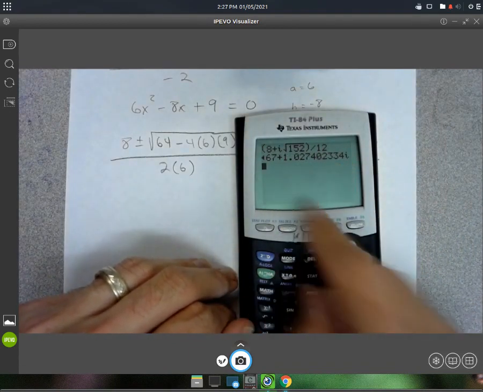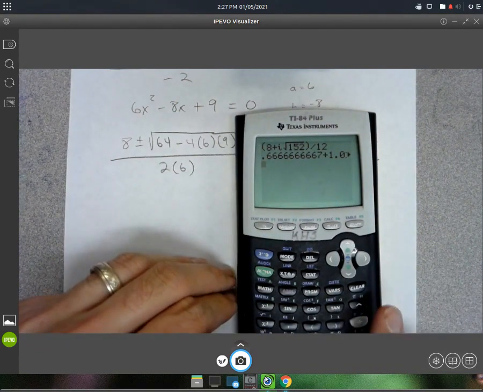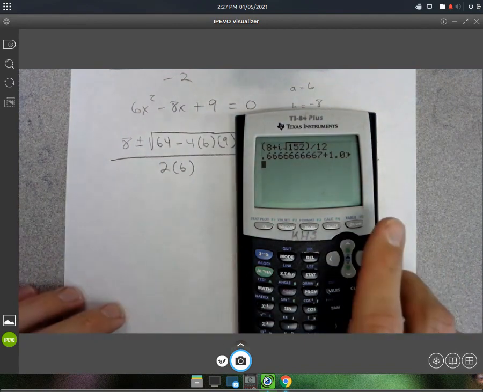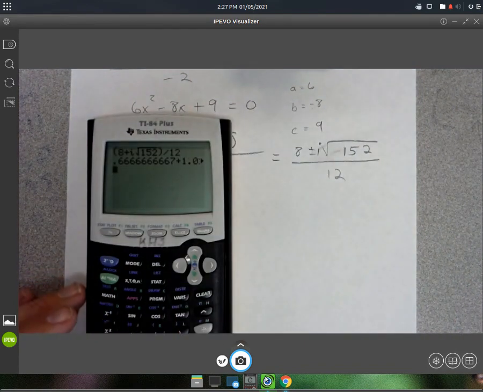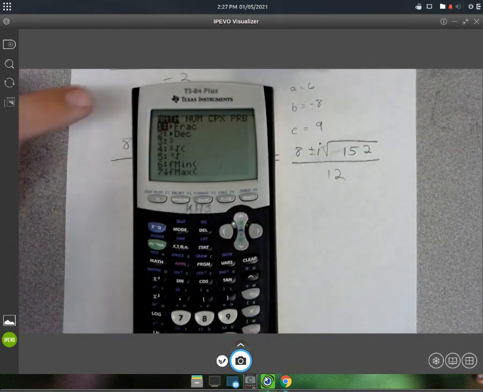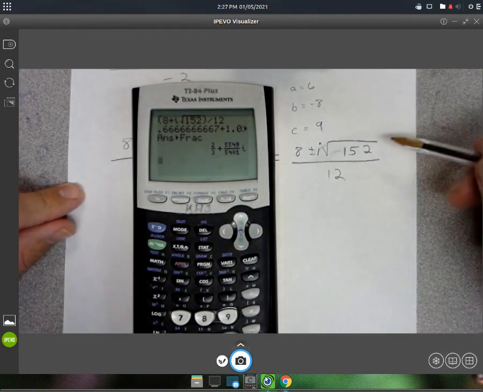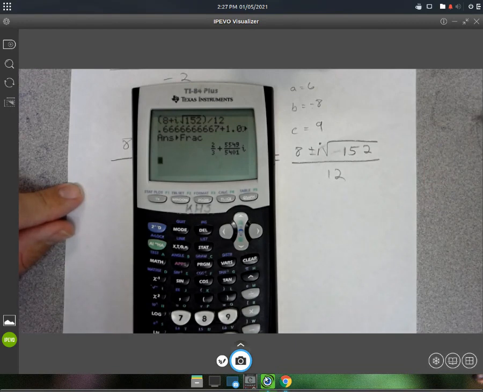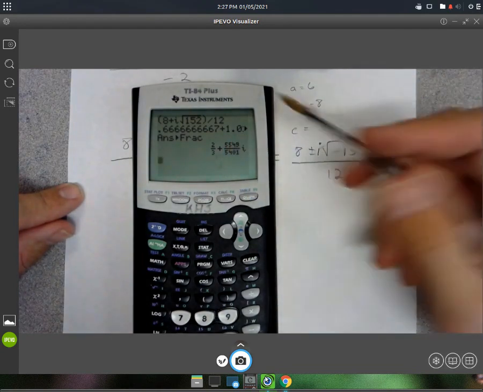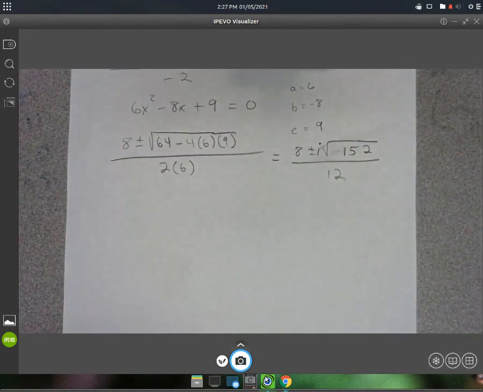So the imaginary part is 1.027, and it looks like this part is 0.666, which is 2/3. So your answer, actually, I'm just going to convert it on the calculator. So it's already in there, math, fraction, and this is what you get when you apply the quadratic formula to this. Maybe. I wonder if they're just rounding, because I'll bet they're rounding. Anyway, okay, that's good for that example.